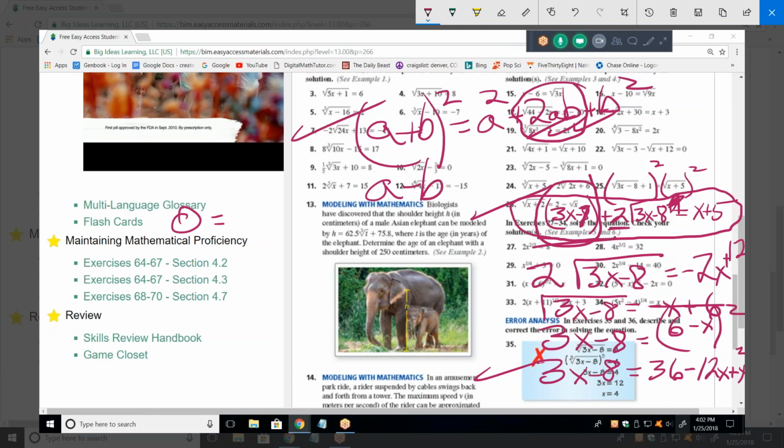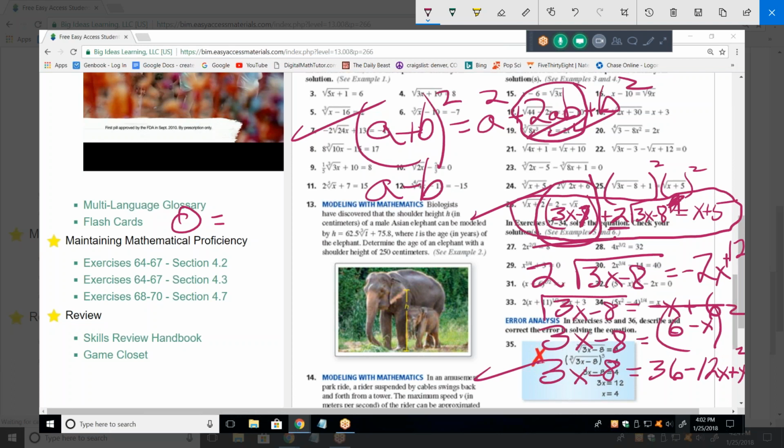Because it's a quadratic and we have all 3 pieces of the quadratic, we're going to make one side 0 and put everything else on the other side. And the reason I chose the right side is because the x squared term already has a plus coefficient. And we know it's going to turn into a factoring problem, so we want a plus coefficient in front of the x squared term.